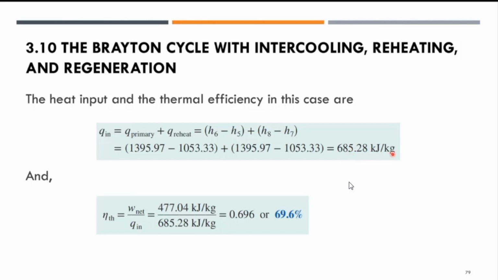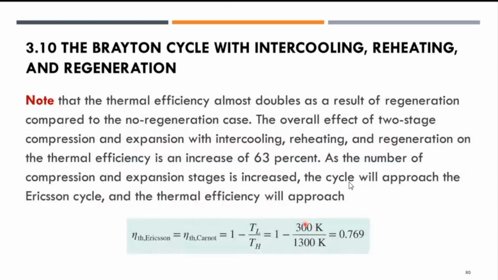It makes the thermal efficiency for the new system become 69.6%. It is improved a lot. Okay, so we take note that thermal efficiency almost doubles as a result of regeneration compared to no regeneration.